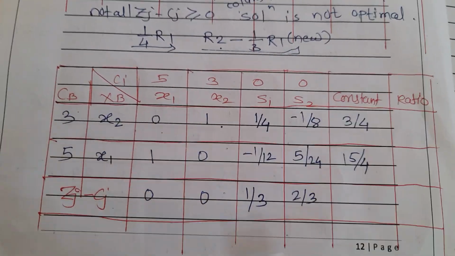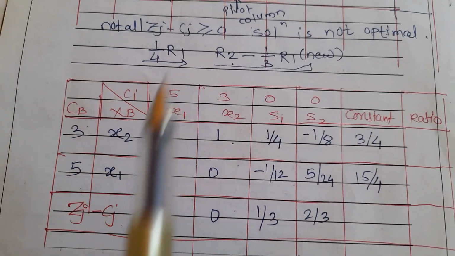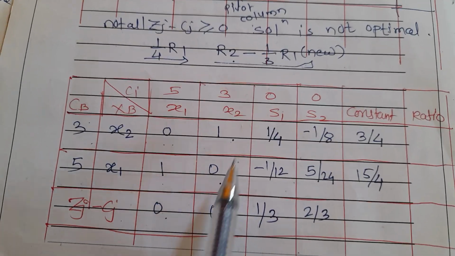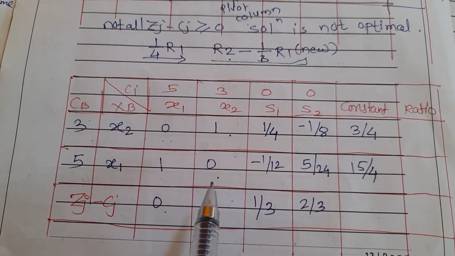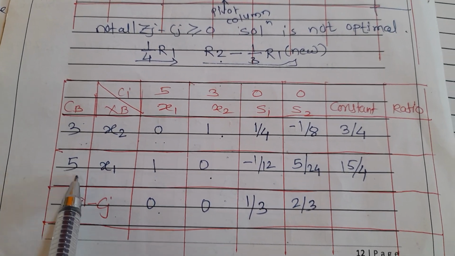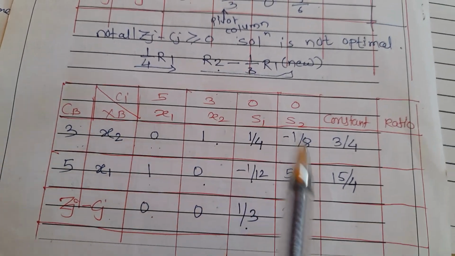Again we see 3 into 0, 0. 5 into 1, 5. 5 minus 5, 0. 3 into 1, 3. 5 into 0, 0. 3 plus 0, 3. 3 minus 3, 0. Again 3 into 1 by 4 plus 5 into minus 1 by 12 becomes 1 by 3, minus 0, it becomes 1 by 3.